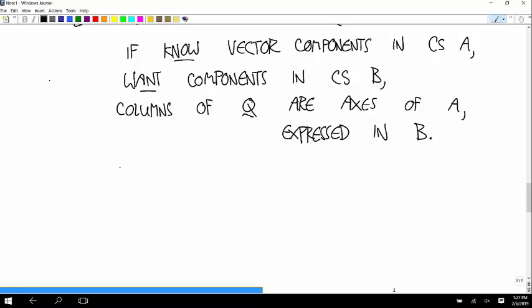And then let me finish this. So your vector u expressed in B is equal to Q times u expressed in A. So that's the idea.